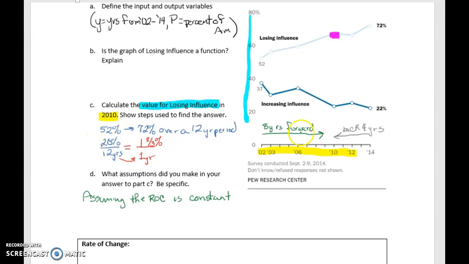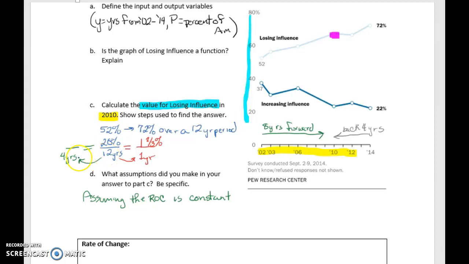Another way we can look at this, since we're talking about 8 years and 4 years, is that maybe we would want a 4-year increment.